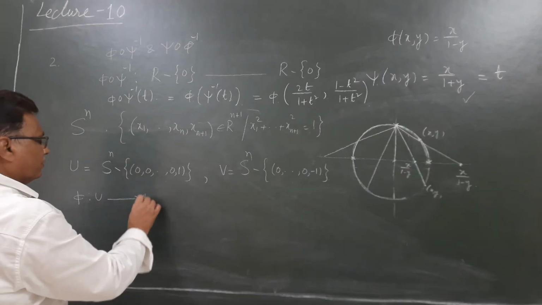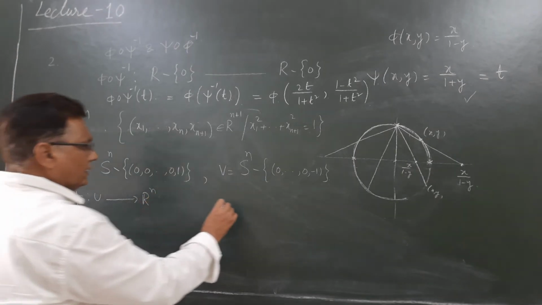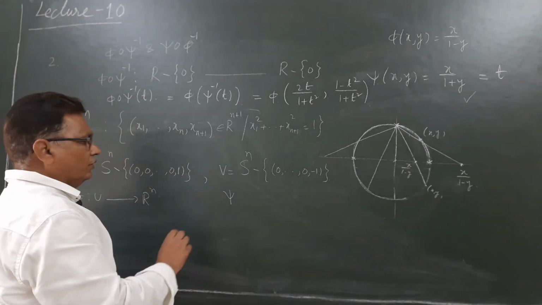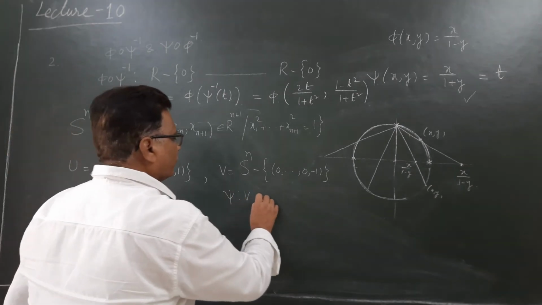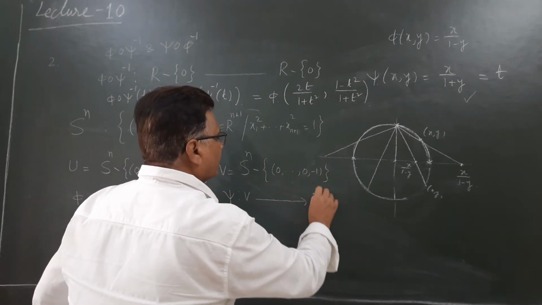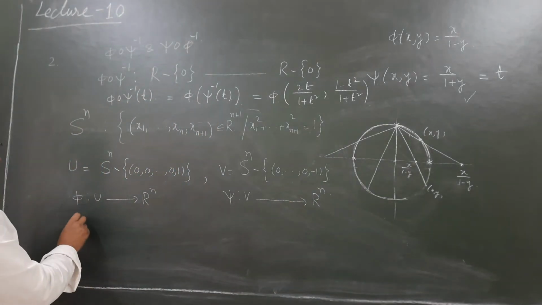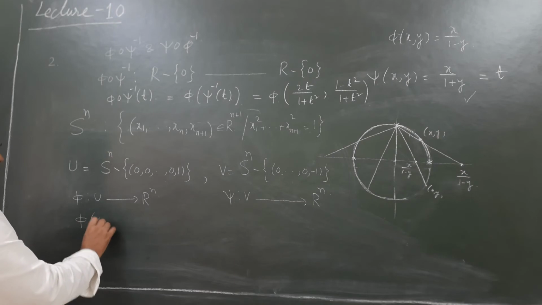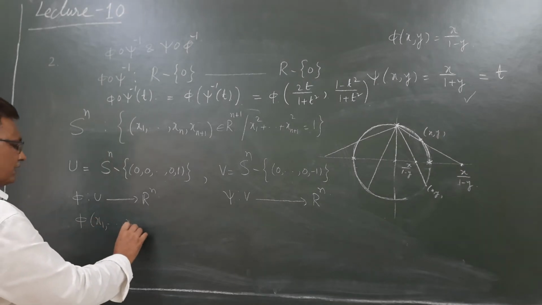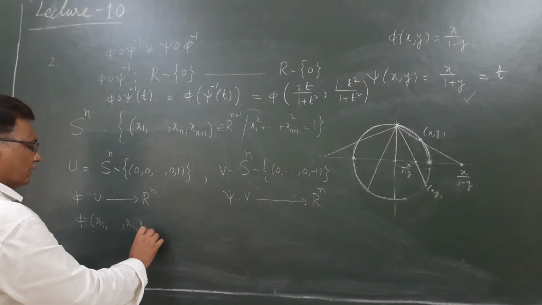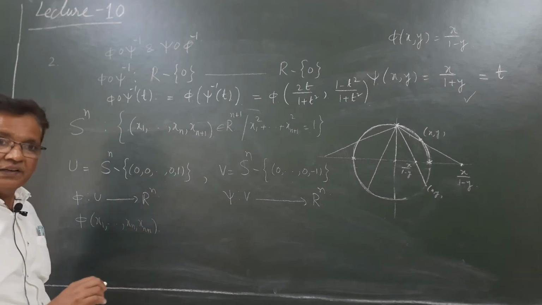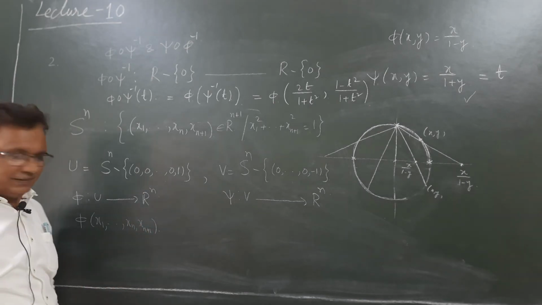On U we had defined the stereographic projection. This is a map from U to Rn. Here the homeomorphism was defined from V to Rn. We had determined both of them in our last lectures. Phi was given on (x1, x2, x3, ..., xn, xn plus 1). The points of the sphere are n plus 1 tuples.